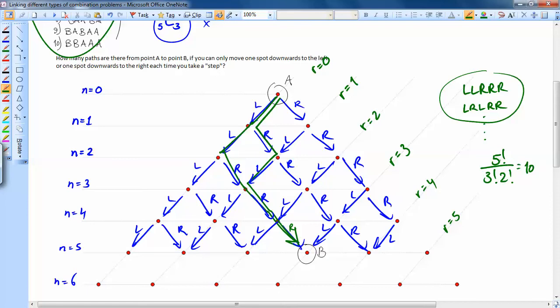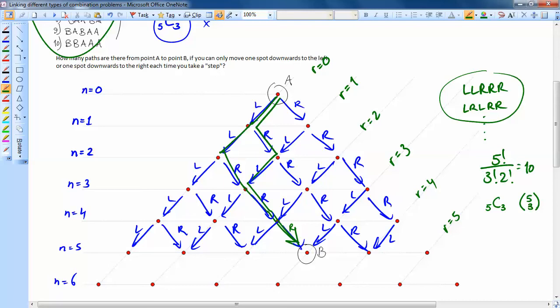Notation-wise, we can call that 5 choose 3, or write it like this, 5 choose 3. I think the 5 choose 3 makes a little bit more sense in this case. The idea here is that if I don't choose left, then by default, I'm going right. And so really, if I say you're going to make 5 choices and 3 of them have to be right, then it's the same thing as saying you're going to make 5 choices and 2 of them have to be left.